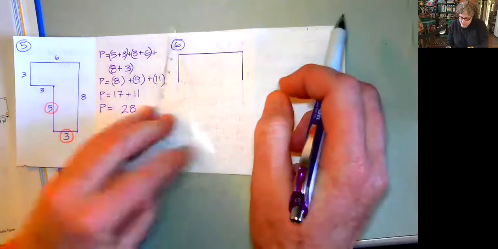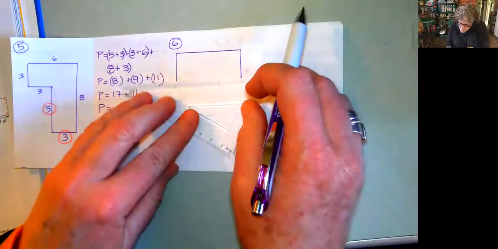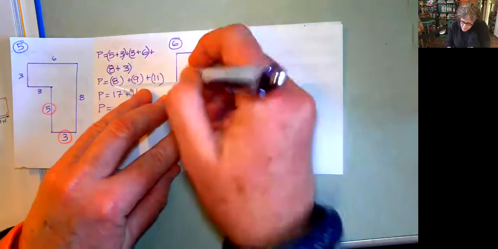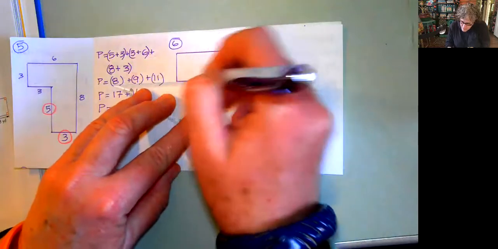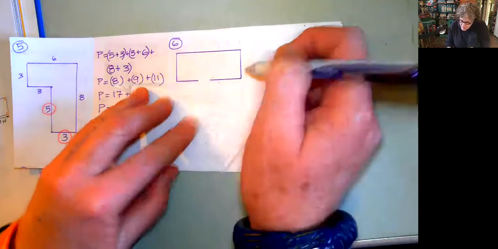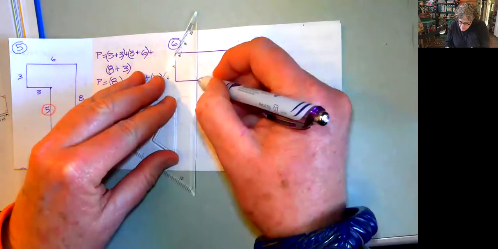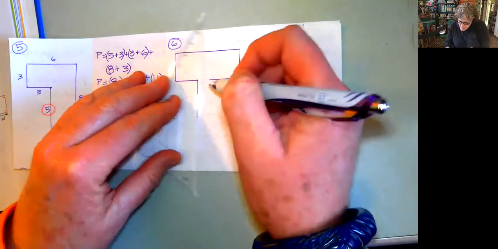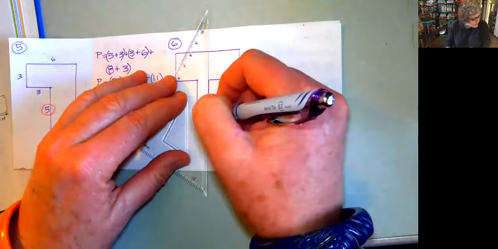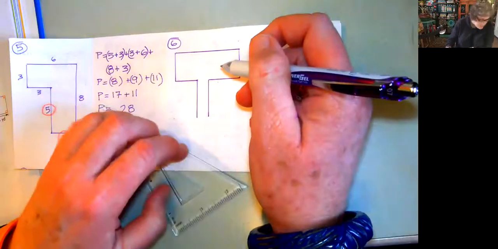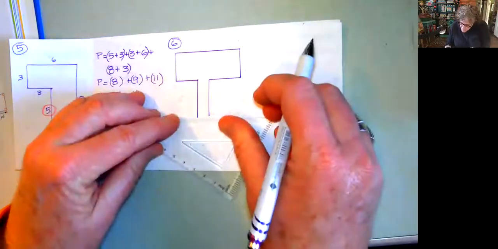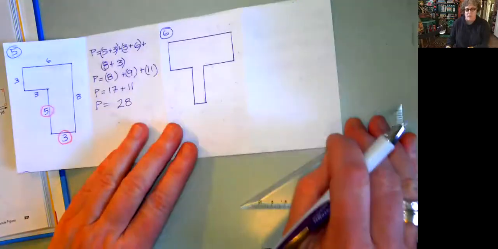And then it has a little teeny little stem. Okay, so it kind of looks like that, more or less.